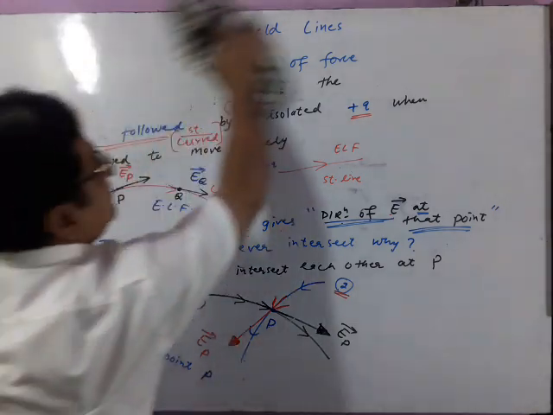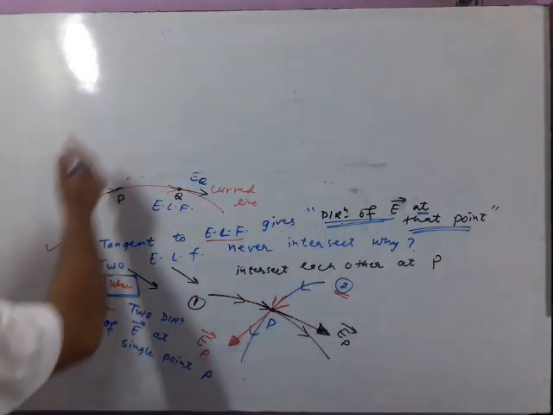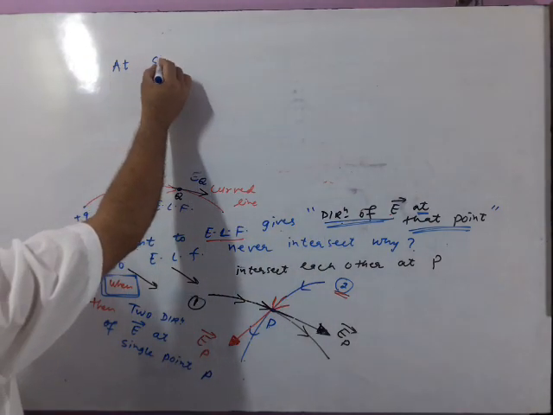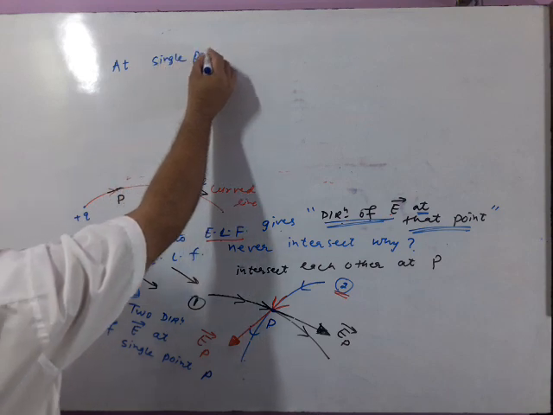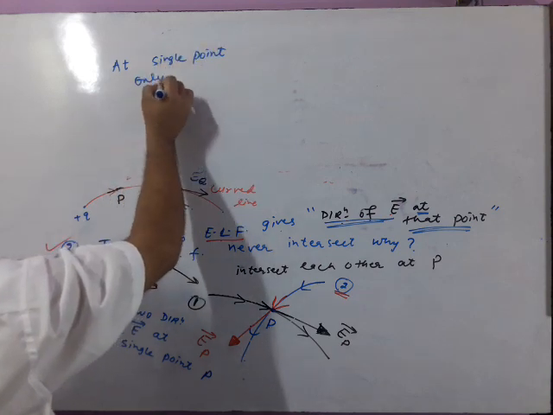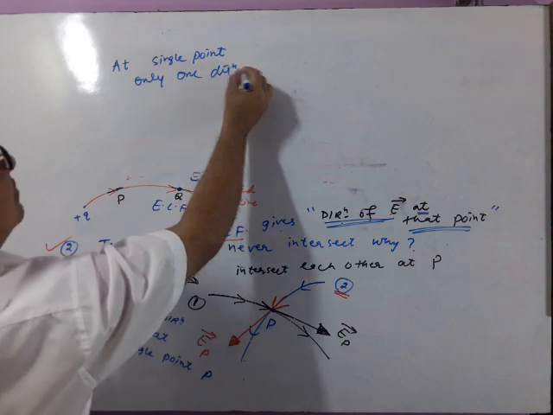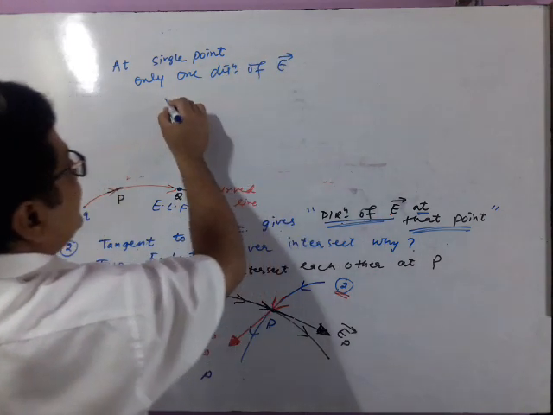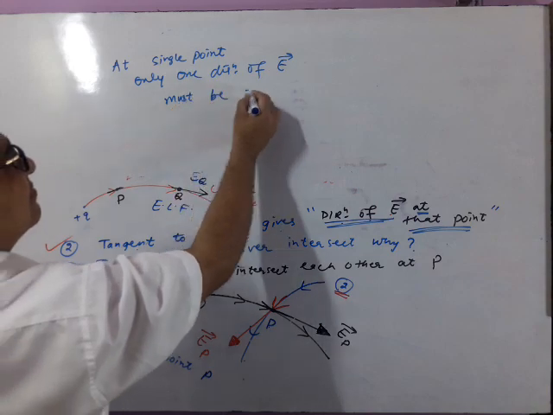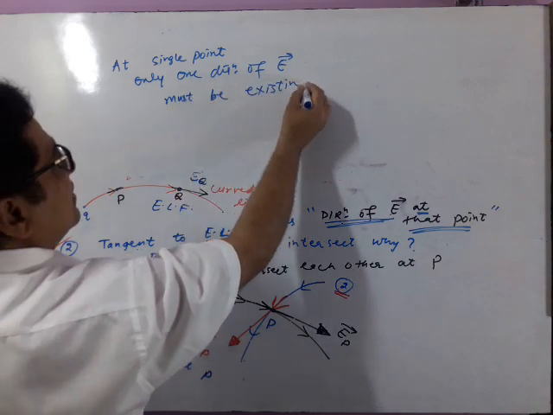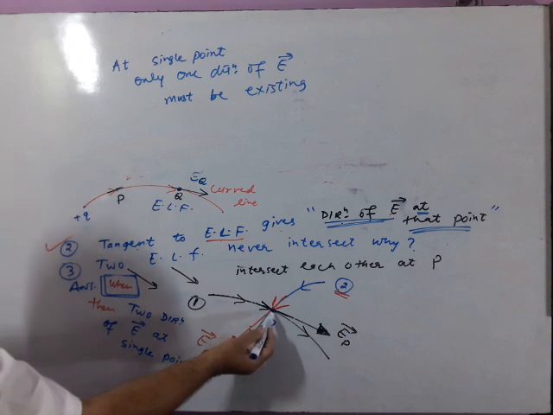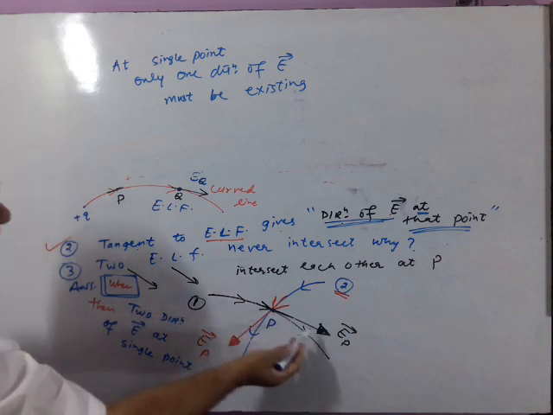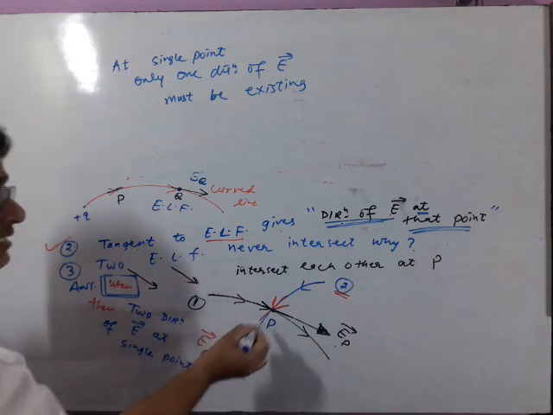See, I am writing here. At a single point, only one direction of electric field must exist. But when two lines are intersecting, we have two directions of electric field at a single point.